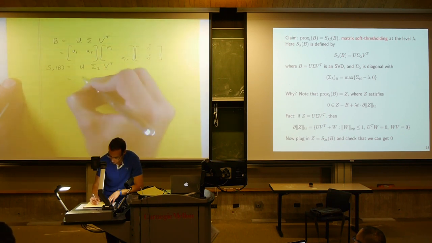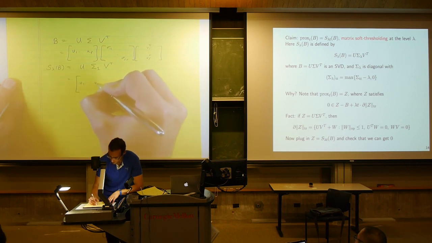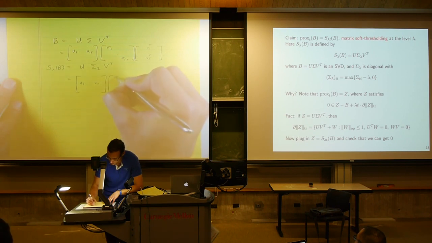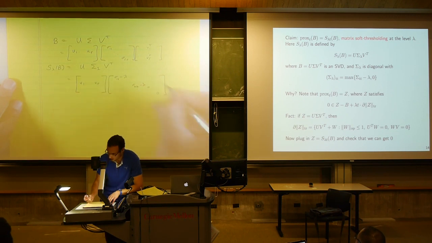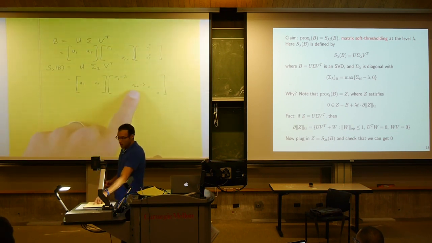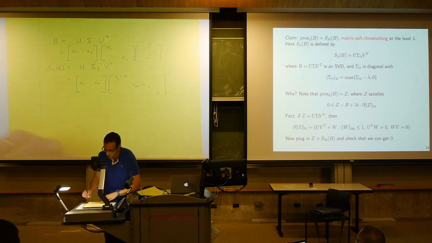Effectively we're getting rid of a bunch of the left and right singular vectors. Suppose all we're able to keep is up to sigma kk, the smallest singular value that's above lambda, and the rest are below lambda, so we set those all equal to 0.